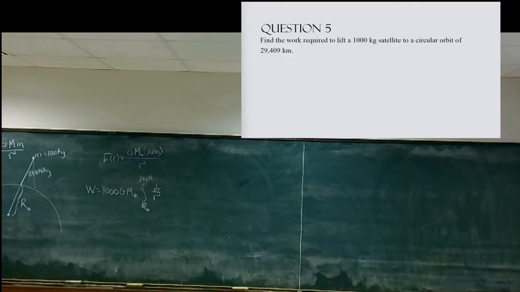Now, I'm simplifying this problem because I'm ignoring elevation. I'm assuming that the launch is at sea level, which is I think how they measure the radius of the Earth.